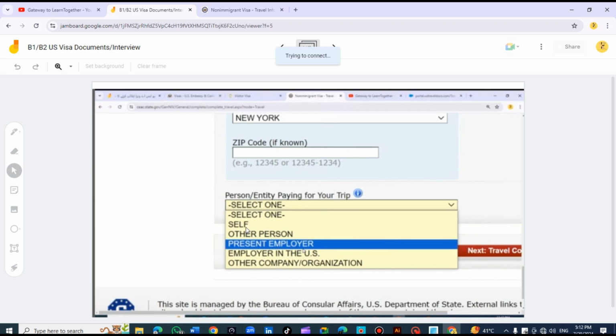For example, it is a self-paid trip, or another person is paying, or your present employer is paying, or your employer in the US is paying, or another company or organization from your country or in the US is inviting you.